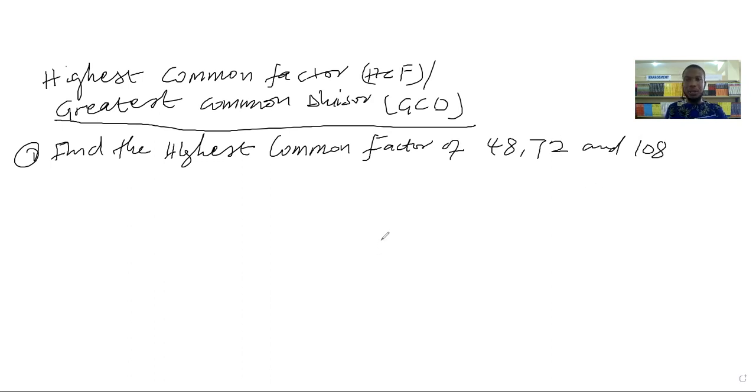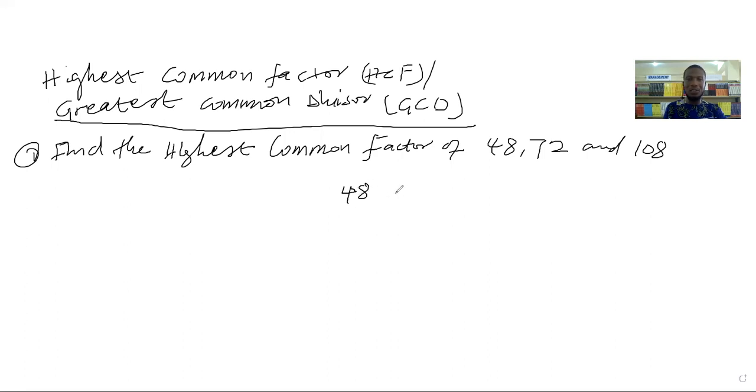Example 1. Here, for the H.C.F, we are going to use the same method, the same table, but this time we don't want to repeat numbers that cannot divide. We are only using factors that can divide all of them, and that becomes our H.C.F. Let's go into details and see.